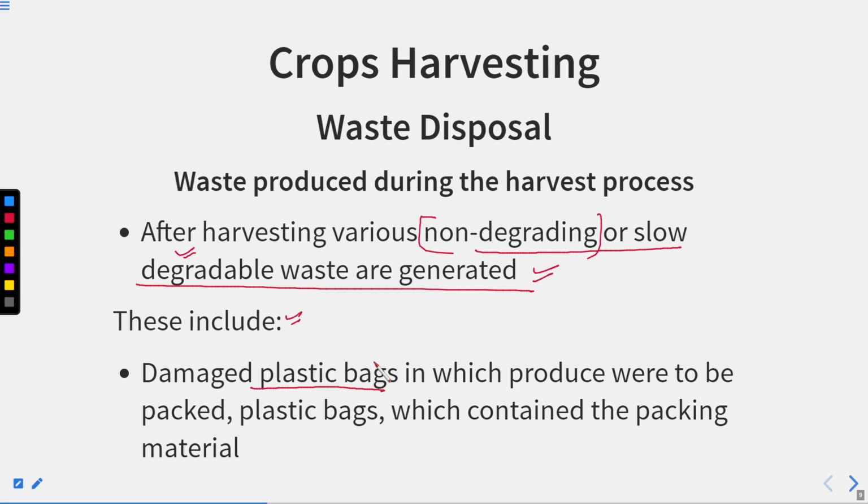Sometimes the plastic bags are torn, so you just throw them away. Those are damaged plastic bags in which the produce was to be packed, and plastic bags which contain the packing material. These are the non-degrading waste materials produced at the time of harvesting.